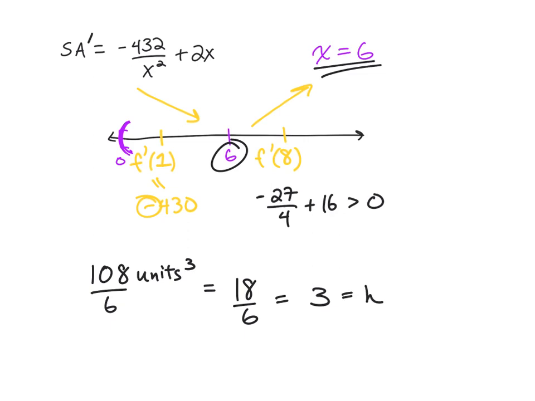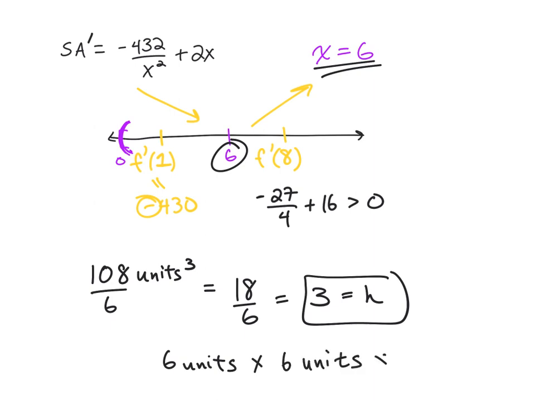This would be the height of the box. So the dimensions would be 6 units wide by 6 units deep by 3 units high.